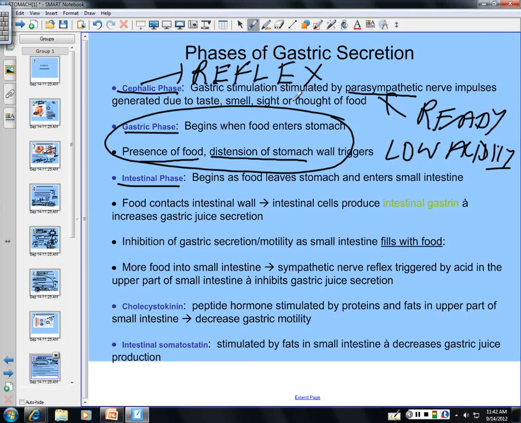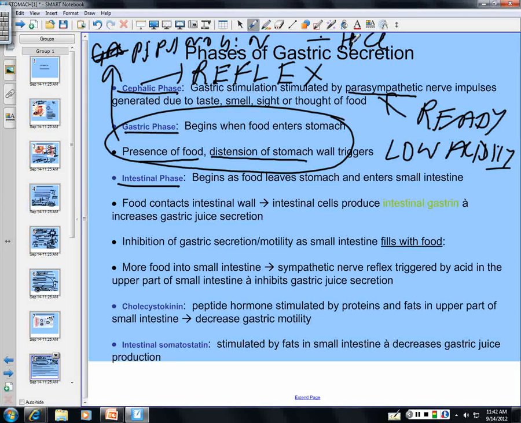What it will do is stimulate the release of the enzyme. Which enzyme are we talking about? We are talking about pepsinogen. So gastrin will do two things. Gastrin will stimulate pepsinogen, the enzyme, but will also stimulate the secretion of hydrochloric acid, HCl.